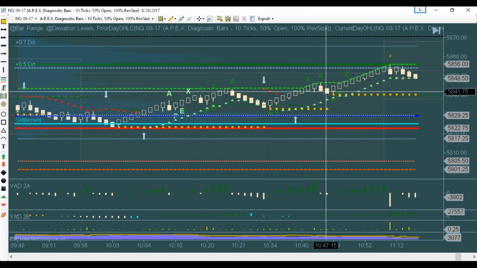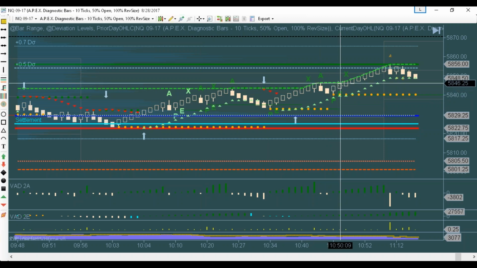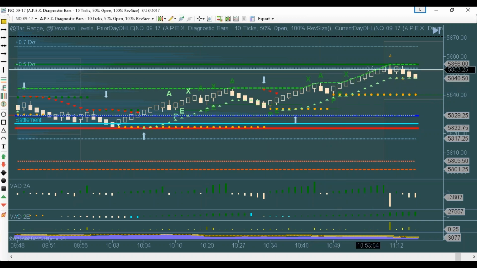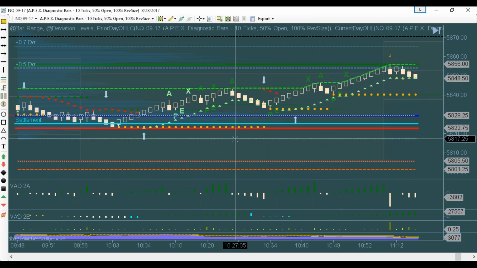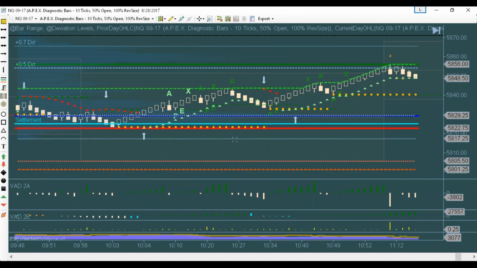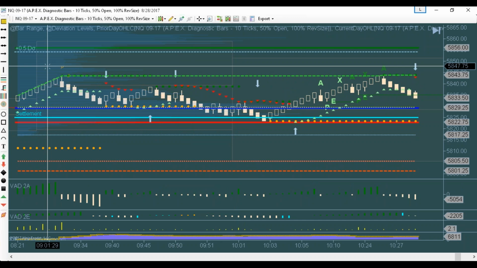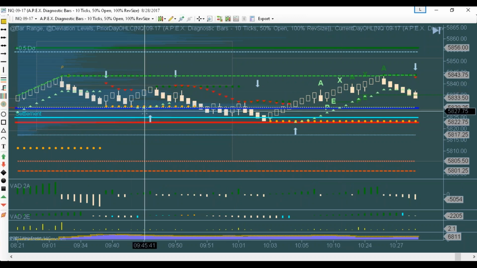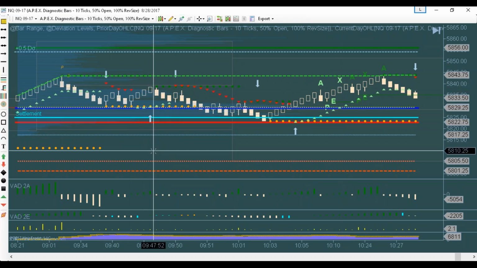Sometimes you'll even have two bar elevators and then they come back up and break that high, that swing level. So these power play setups are great, the best setups you can get. But between those powerful setups, some of you guys are wanting more trades.